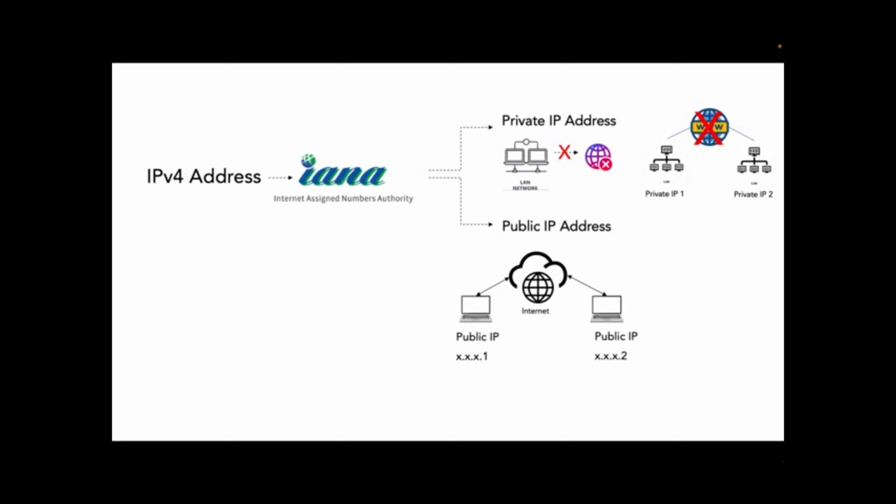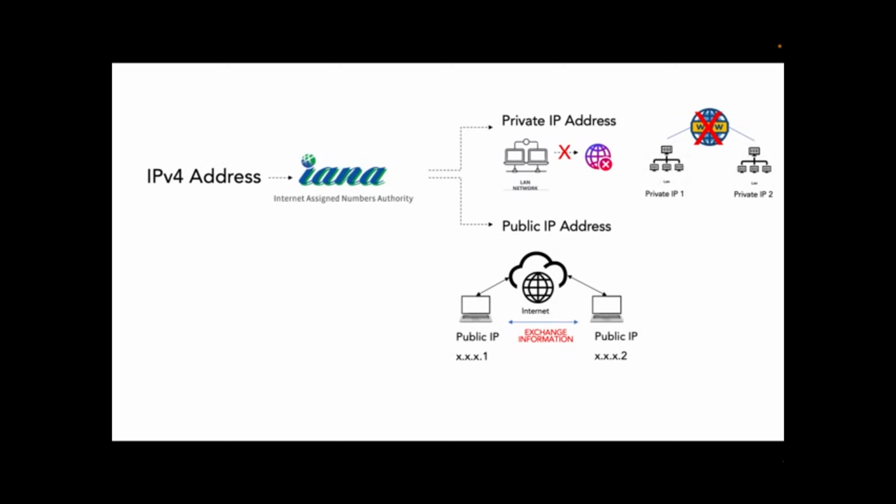In order to access a public IP network, a node must use a public IP address. Therefore, you cannot have two devices with the same public IP address, which makes it possible for the devices to find each other online and exchange information.